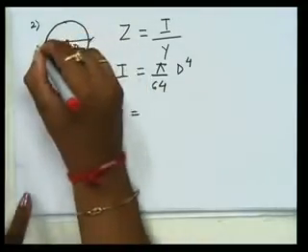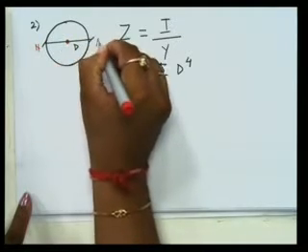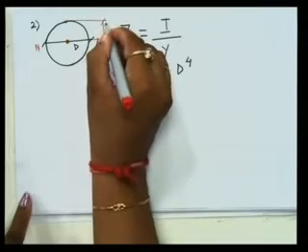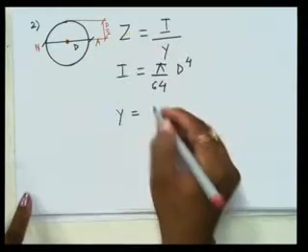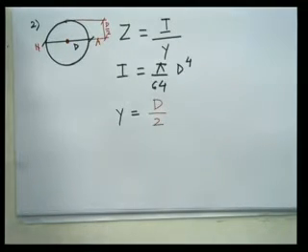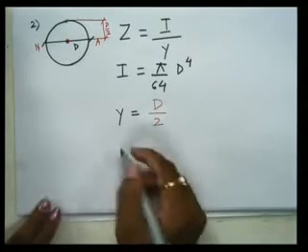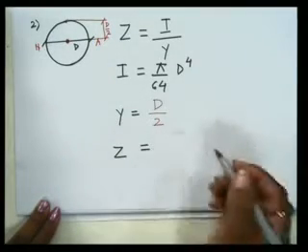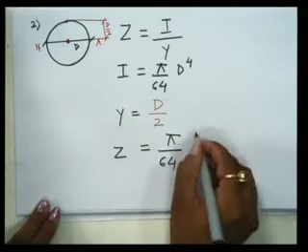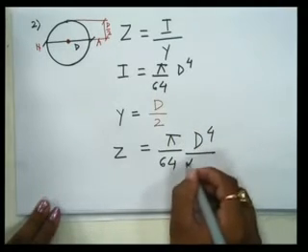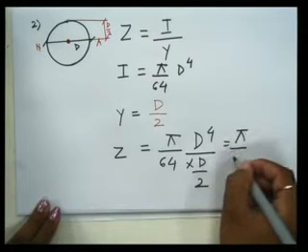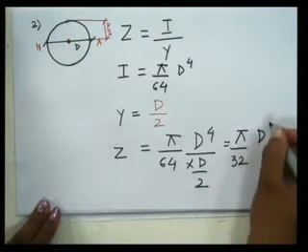From this CG, the neutral axis will pass. So this is the extreme layer, and the distance of the extreme layer will be diameter by 2, that is d by 2. So what will be the value of Z? Z will be equal to pi by 64 d to the power 4 upon Y, that is d by 2. So that gives you pi by 32 d cube.